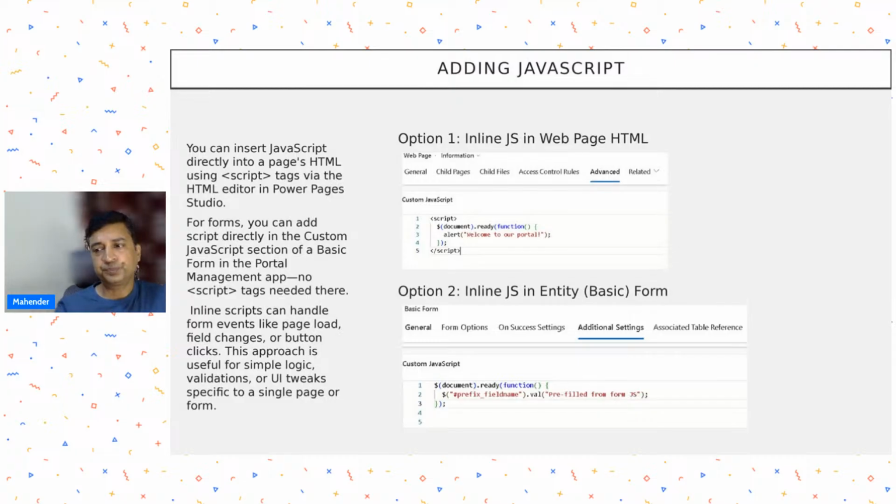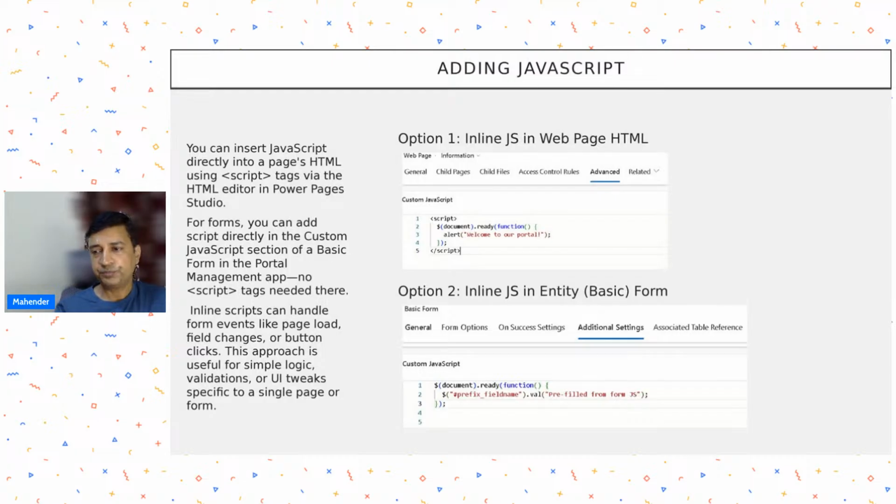The first thing is inline JavaScript. Among the places that we discussed in the first slide where we can apply our JavaScript, in some places we apply JavaScript inline, meaning we have a place and we write our JavaScript there. For example, in the first screen you can see this is a web page.